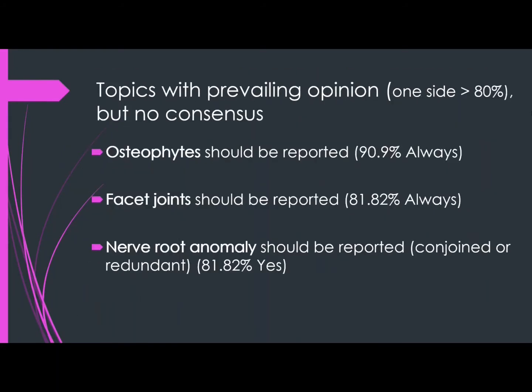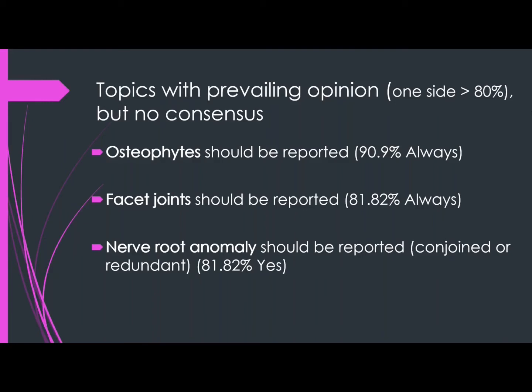Next up, we present a small list of topics with a prevailing opinion, meaning that a large percentage of respondents, usually over 80, voted in favor of one particular side, but still no 100% consensus.